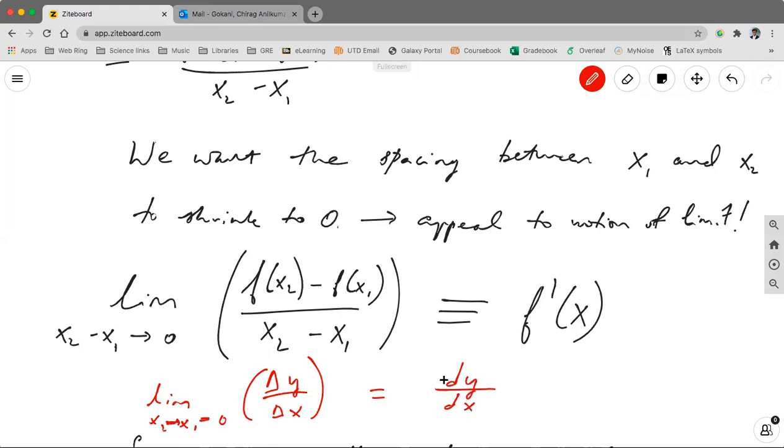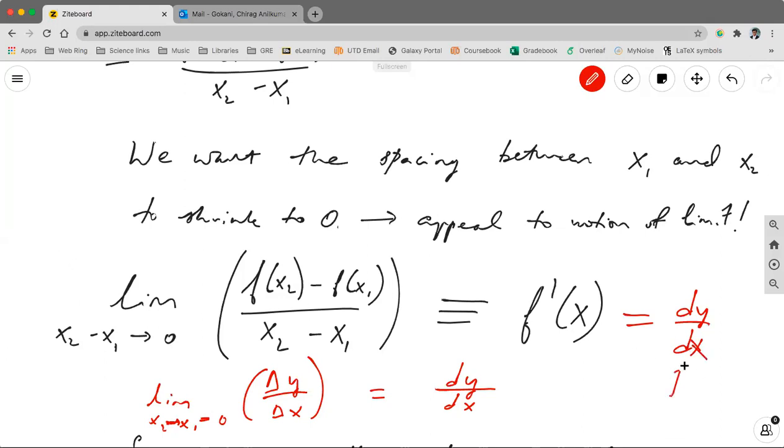You can think of the delta itself shrinking to 0. The delta refers to a change, and when the delta shrinks to 0, you replace the delta with a d. So that's just notation. You can also call this dy dx.